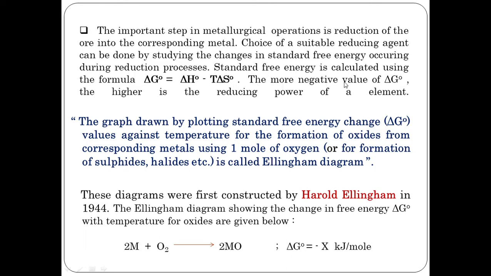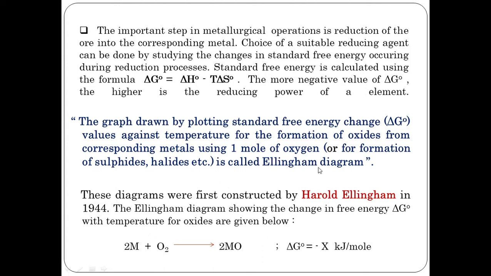The more negative the value of delta G naught, the higher is the reducing power of an element. So the more negative the delta G value, the higher the reducing power of the element.